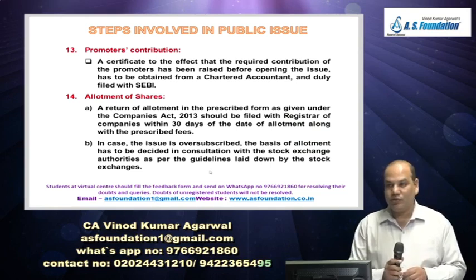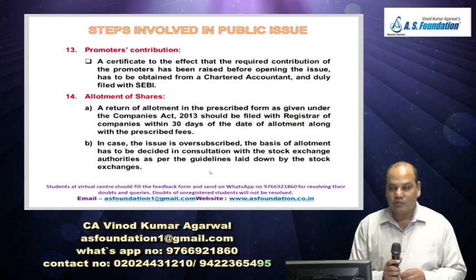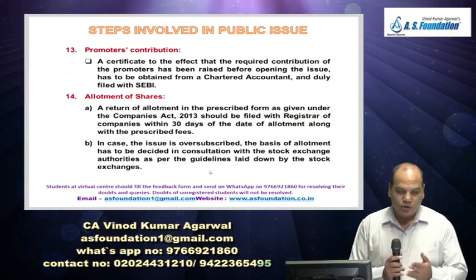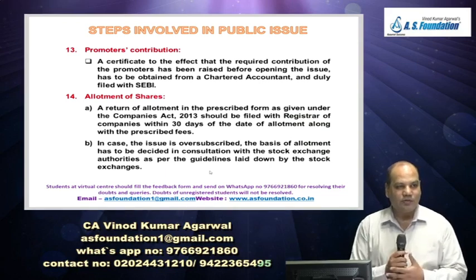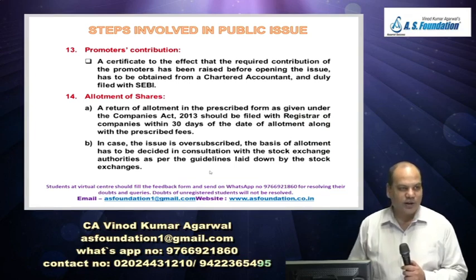So company has to sit with the stock exchange authorities and decide whom to allot the shares. You have studied in your accounts batches also, pro rata allotment. But it's not that easy as it is taught in your accounts batches. A lot of factors are taken into consideration.